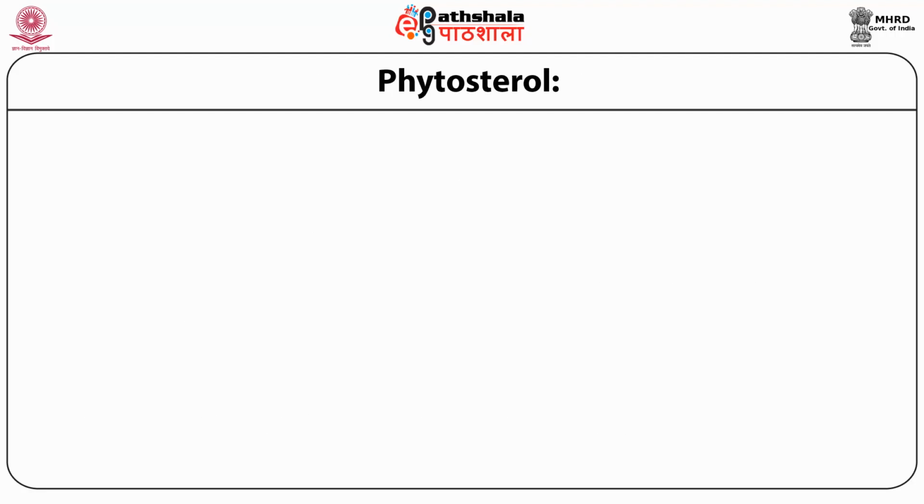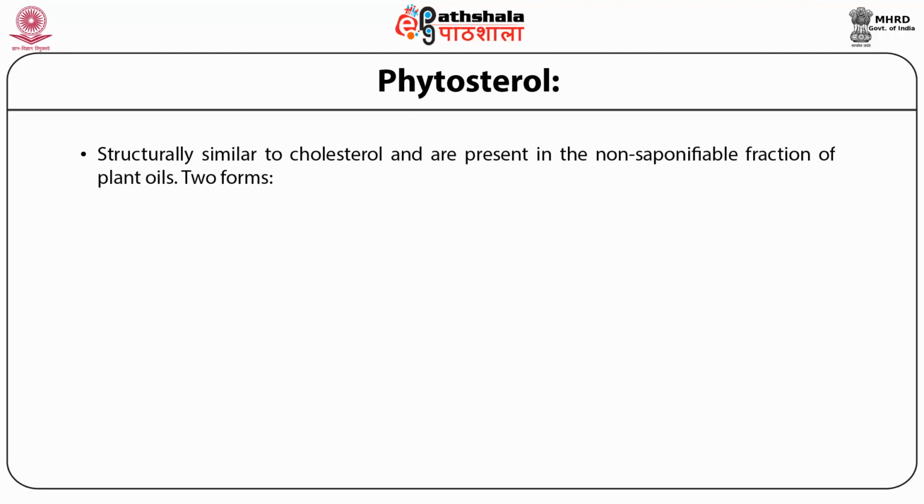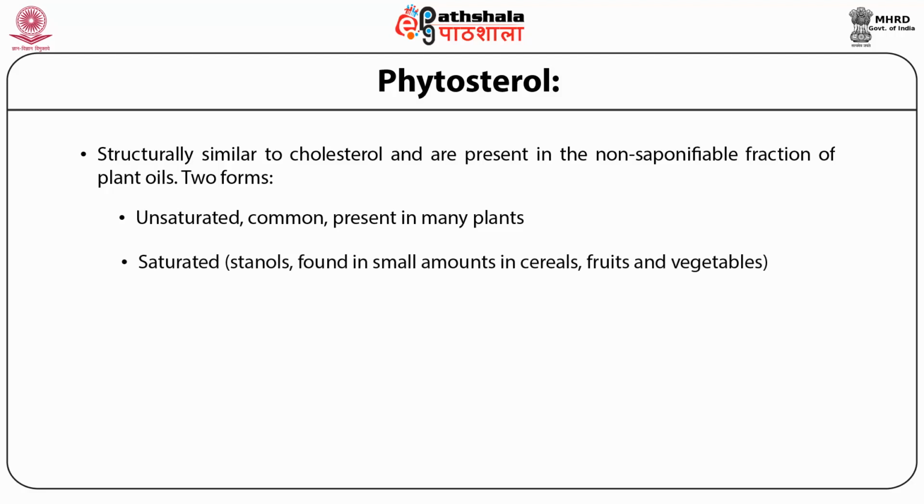Phytosterol. Phytosterols are structurally similar to cholesterol and present in the non-saponifiable fraction of plant oil. They exist in two forms: unsaturated, which is very common and present in many plants. Second is saturated, called stanols, found only in small amounts in cereals, fruits, and vegetables.